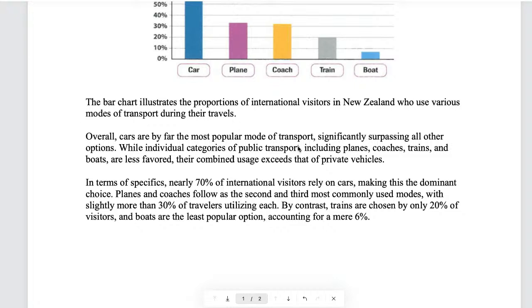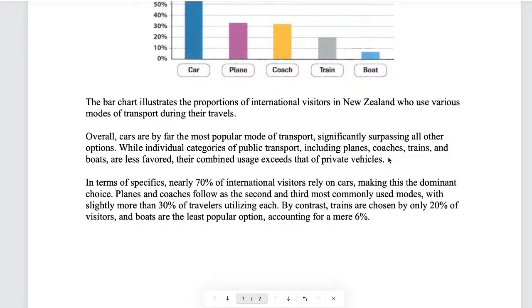Individual means friend? No, individual means like separately, or each person or each thing. Okay? Separate or each.